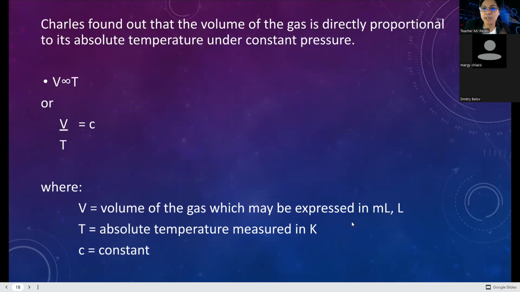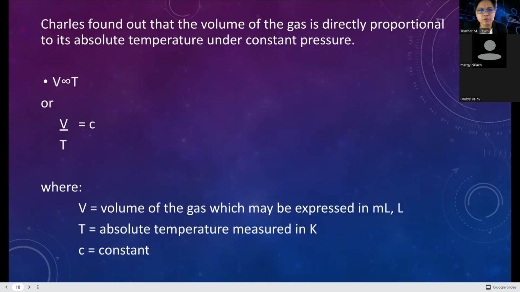When you say directly proportional, what does it mean? I explained this a while ago. Anybody?